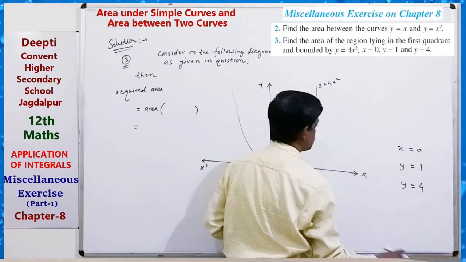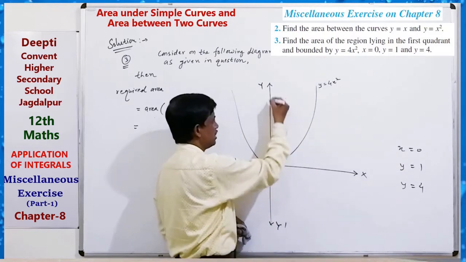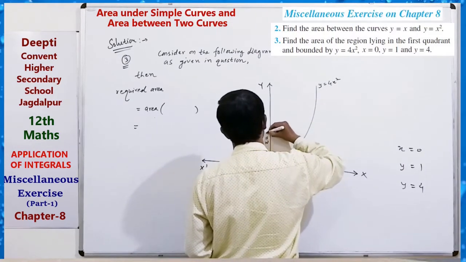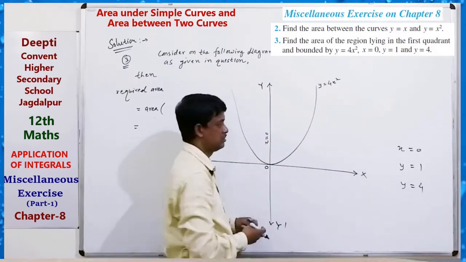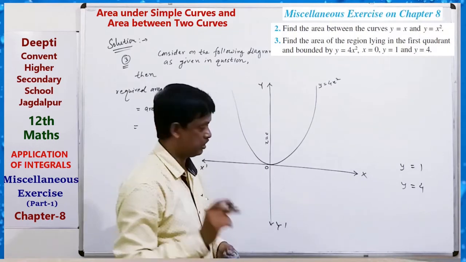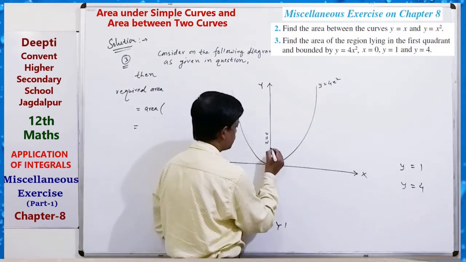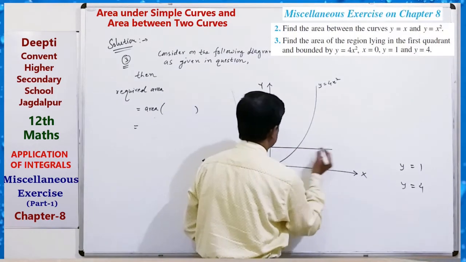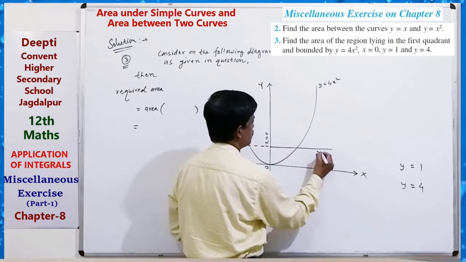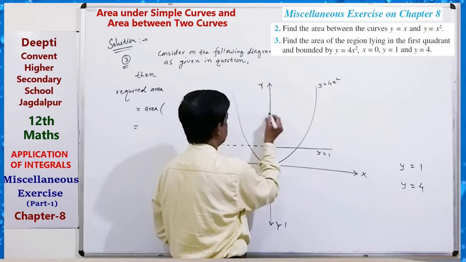Now x equals 0 is this line, the y axis. We know x equals 0 is the y axis. Okay, and y equals 1. We know y equals 1 is like this. Okay, y equals 1, and also y equals 4.